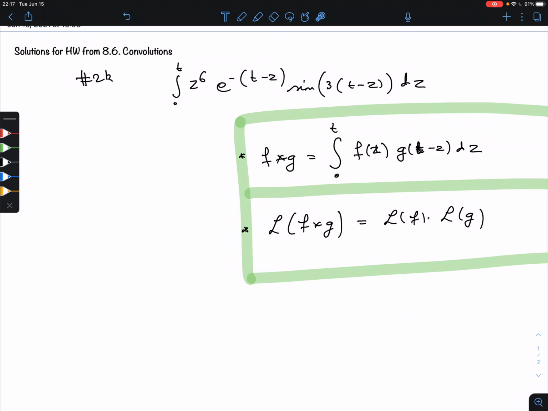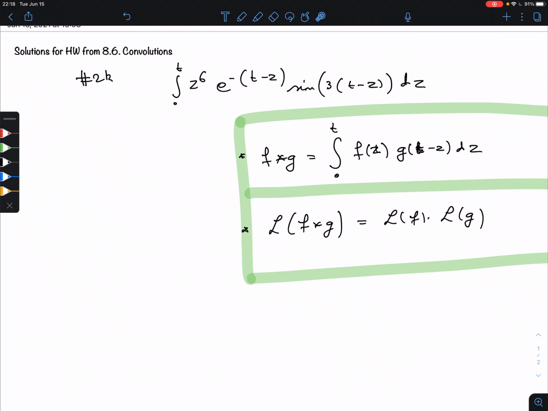There are two functions, so we have three factors here. What goes where? Which is f, which is g? Well, f is those things that depend on z. G is everything that depends on t minus z. So luckily they have written it for us in the right form. Sometimes they can fool you.